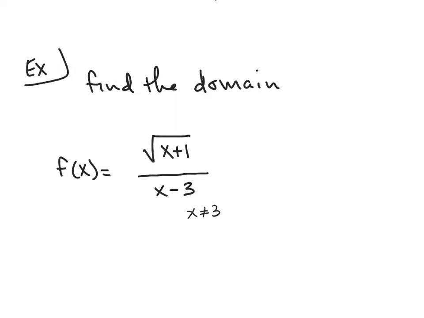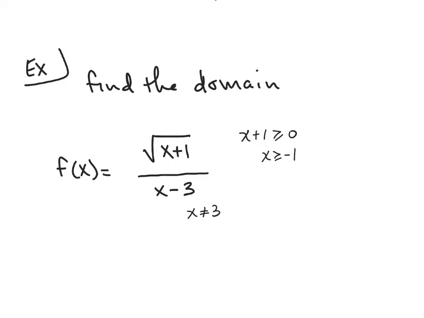So far x can be anything except for 3. But then we also have to consider this. In order to evaluate the square root of x plus 1, it must be true that x plus 1 has to be greater than or equal to 0. And if we solve that inequality, we have x is greater than or equal to negative 1.